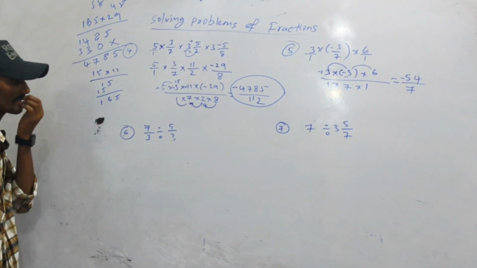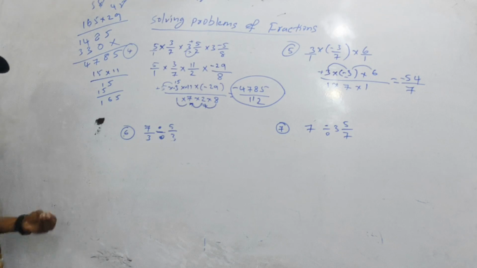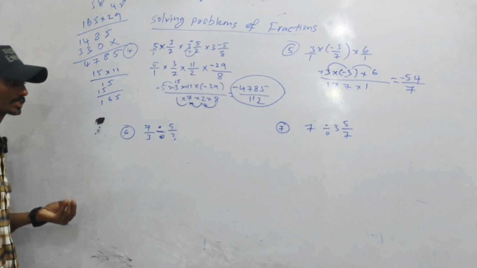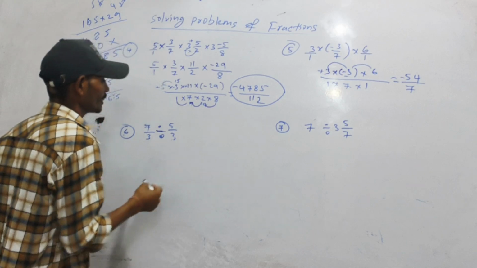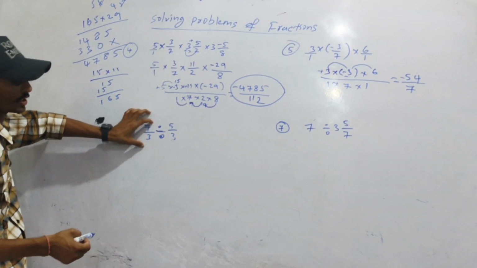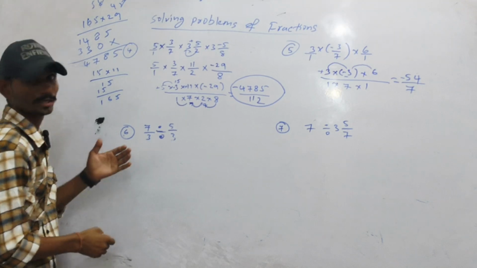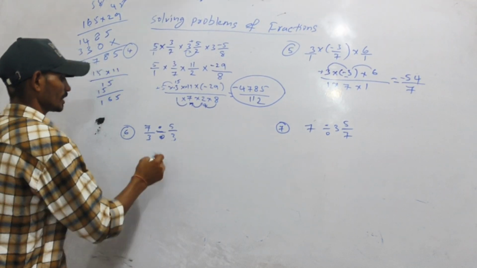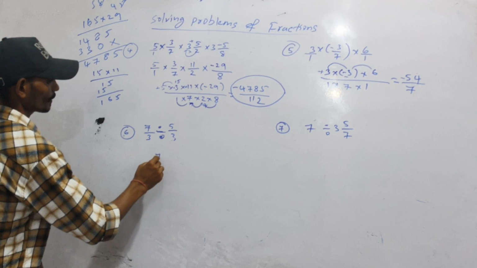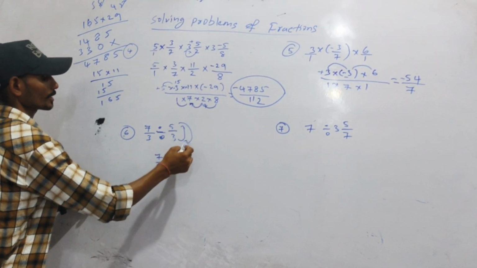This is division of fractions because of the division sign. Now you should check whether it is addition, subtraction, multiplication or division of fractions. In division, the first fraction has no change, but in the second fraction numerators become denominators and denominators become numerators, with the multiplication condition. Let's check 7 by 3: numerators become denominators, denominators become numerators.